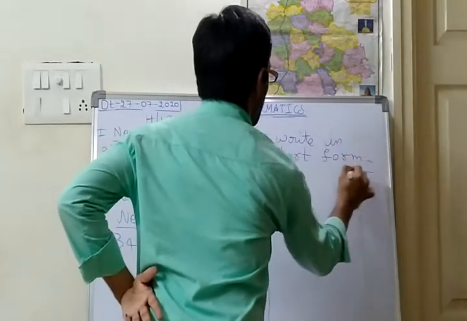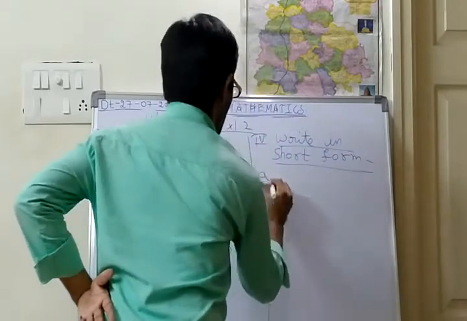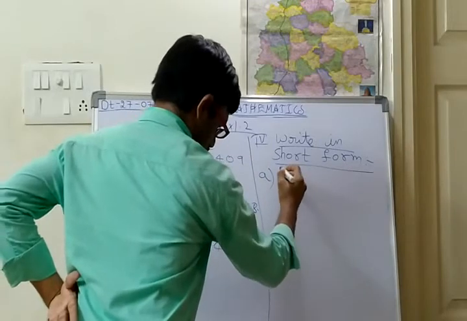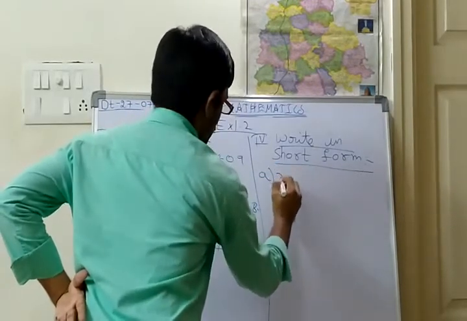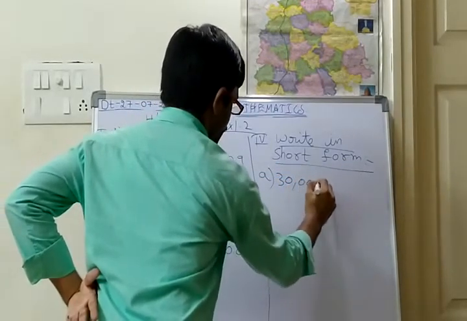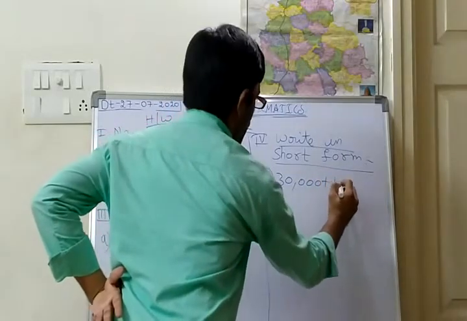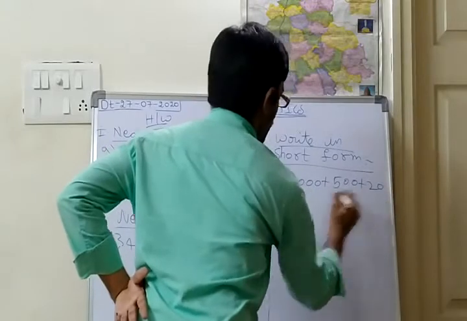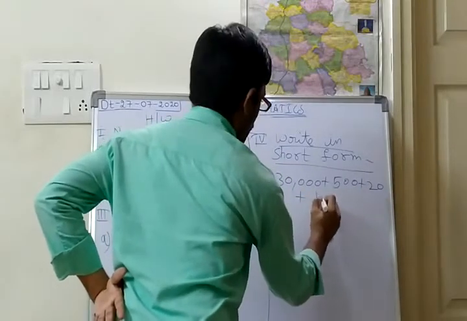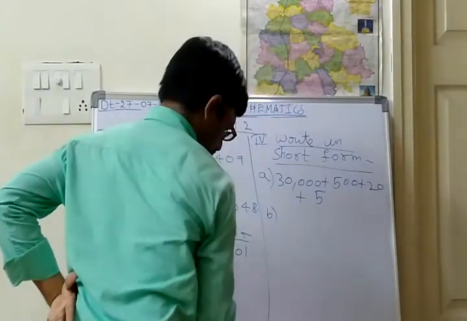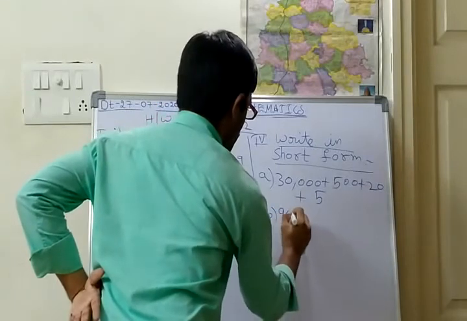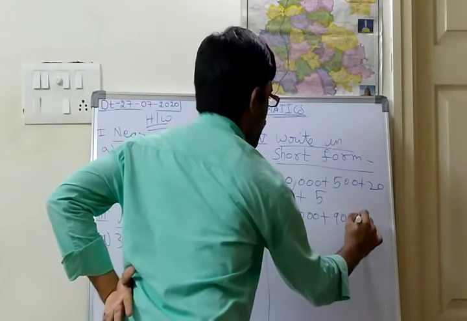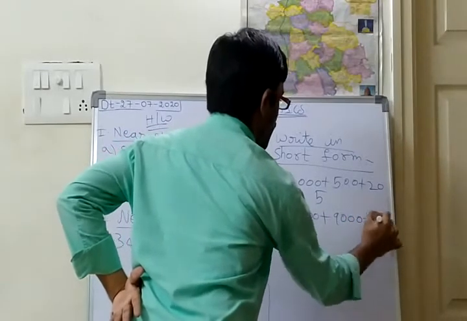The first one is 30,000 plus 500 plus 20 plus 5, and the second one is 90,000 plus 9,000 plus 900 plus 90 plus 9.